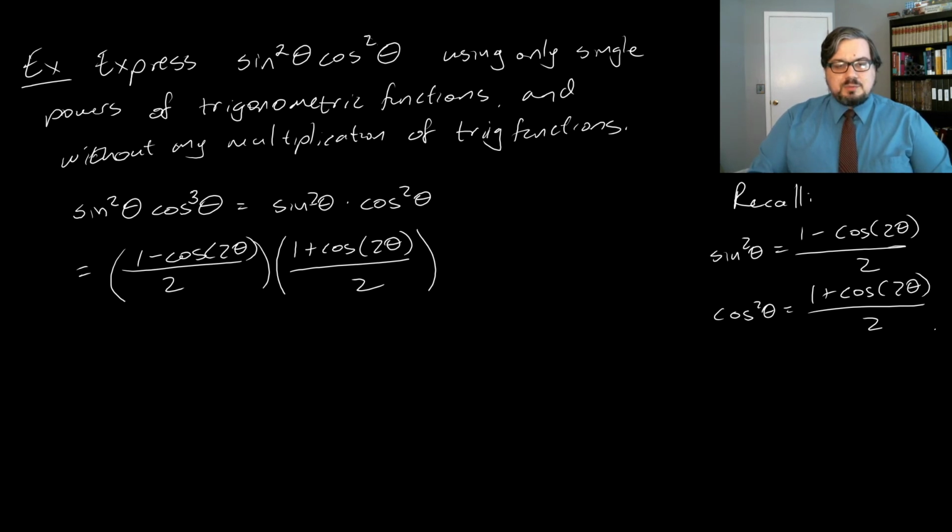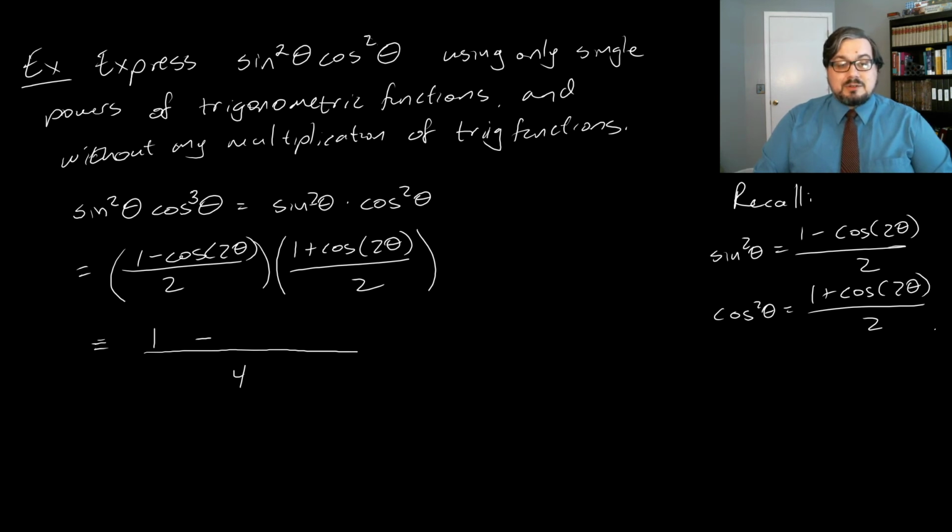Okay, so at this point we get 1 minus cosine 2 theta times 1 plus cosine 2 theta all over 2, and we've made some progress. Now let's try multiplying things out a little further. If we multiply these two fractions together, we'll get a 4 in the denominator. The numerator will take 1 times 1 is 1. 1 times cosine 2 theta is cosine 2 theta, but then we'll have negative cosine 2 theta times 1 is negative cosine 2 theta.